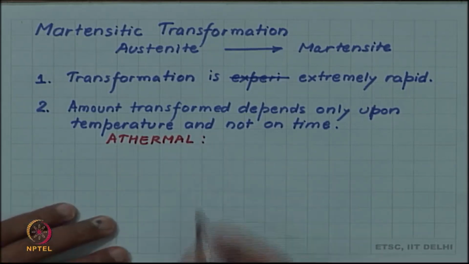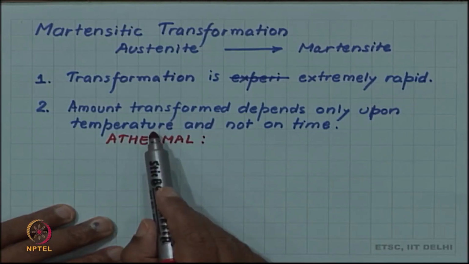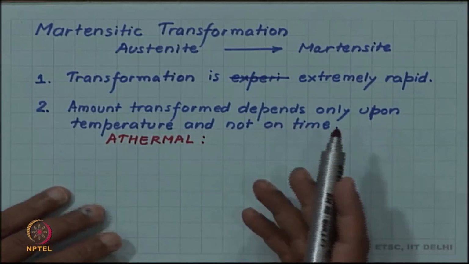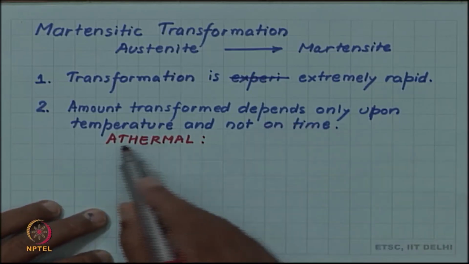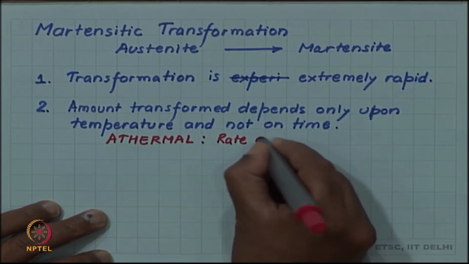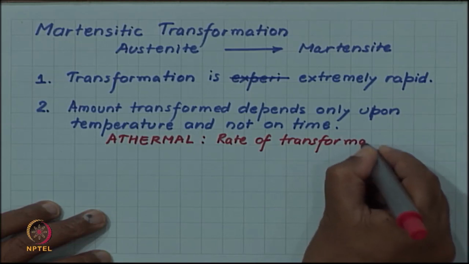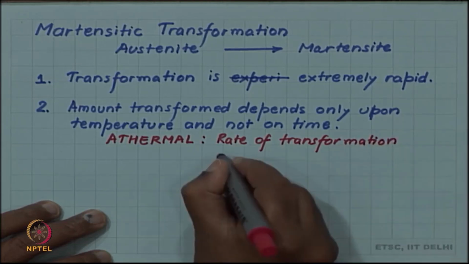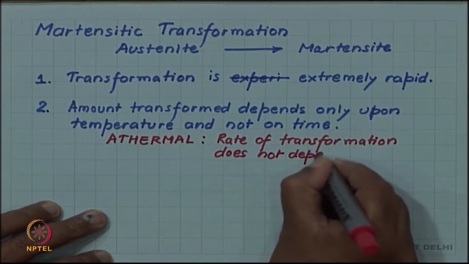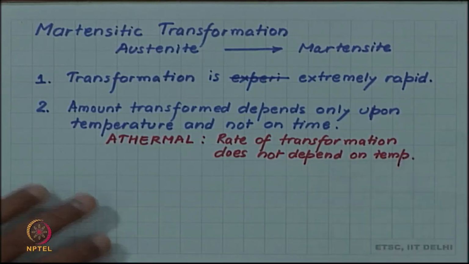And by athermal we mean, it is a little confusing term to use, because you see amount transformed depends on temperature, but not on time, and we are using the term athermal, which means that it is independent of thermal effect. But what is independent is the rate of transformation. So, the rate of transformation does not depend on temperature, and that is why you did not have the C curve.